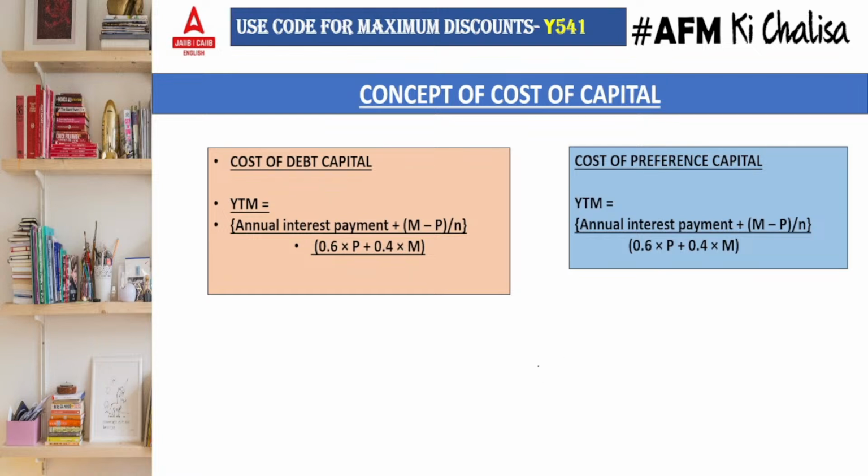In this area, the same formula that we took in YTM is used, but there's one difference. Instead of having interest plus F minus P divided by n, here more weightage is given to the present value, that is 0.6 into the present value plus 0.4 into the maturity value.